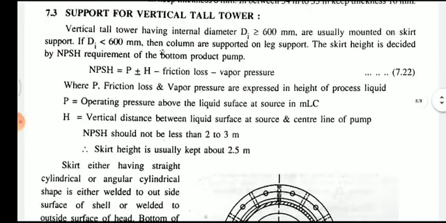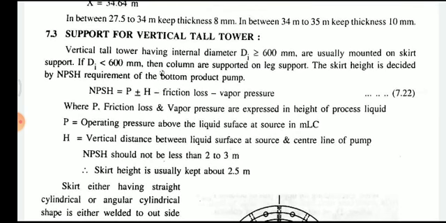Now the next is the support for the vertical tall tower. A vertical tall tower, how can we provide its support? Vertical tall towers having an internal diameter di greater than 600 mm are usually mounted on a skirt support.